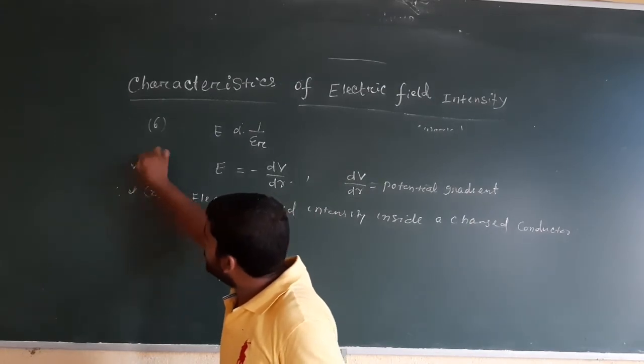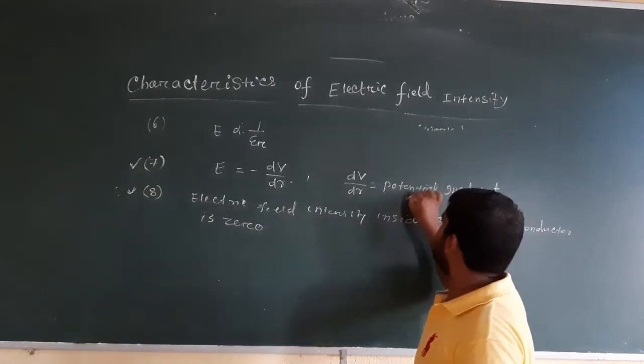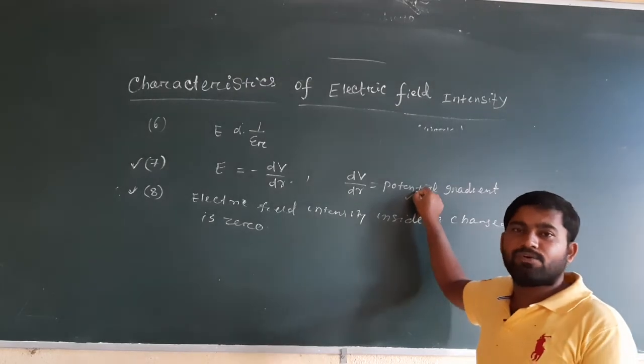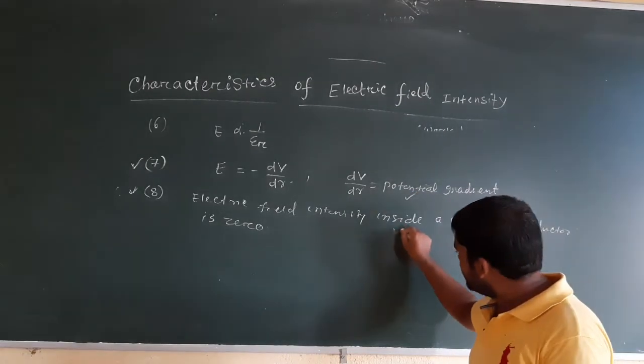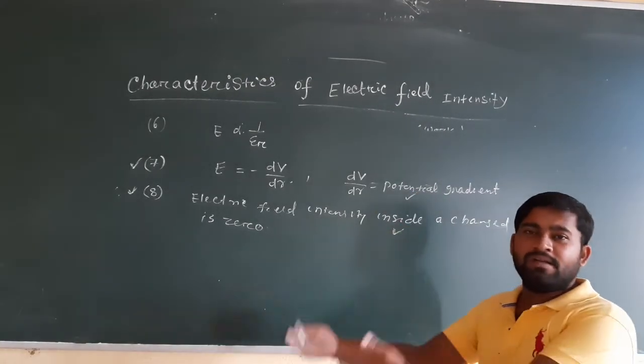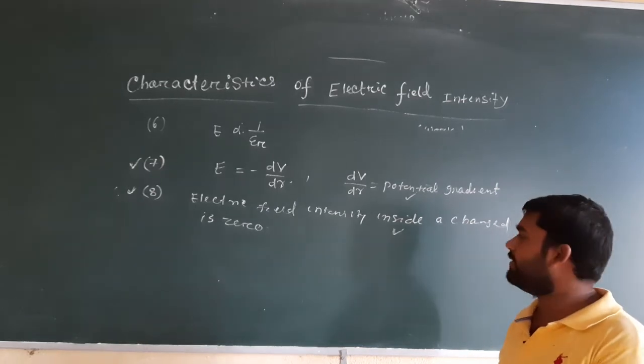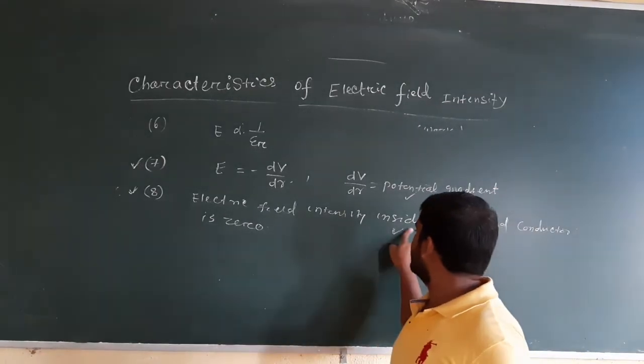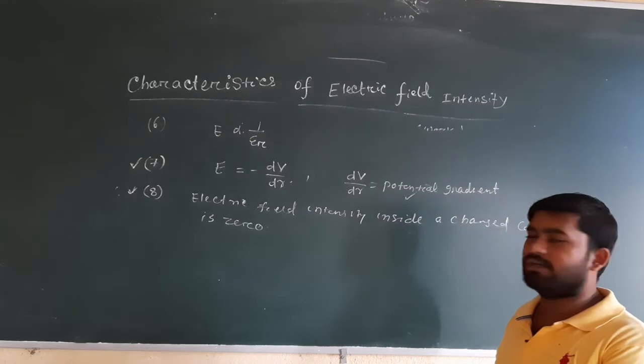We can prove these two results: E equal to minus dV by dr arises in your potential chapter, and this part arises later in Gauss law. So, the electric field intensity inside a charged conductor is 0.